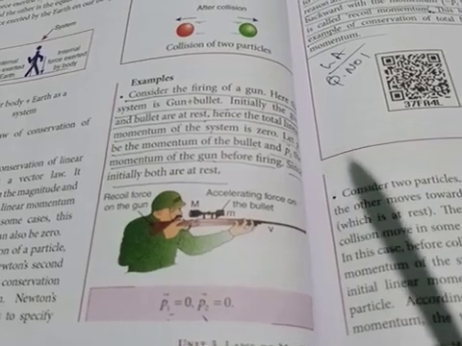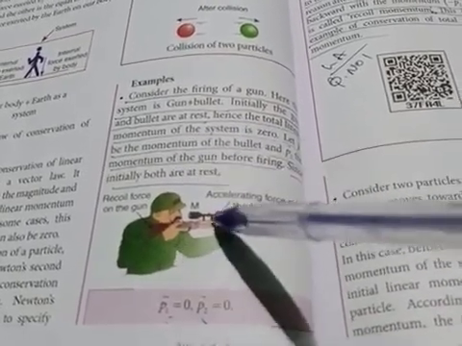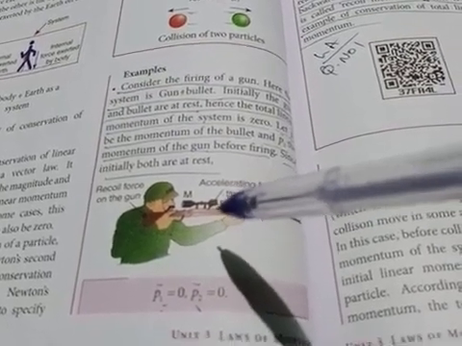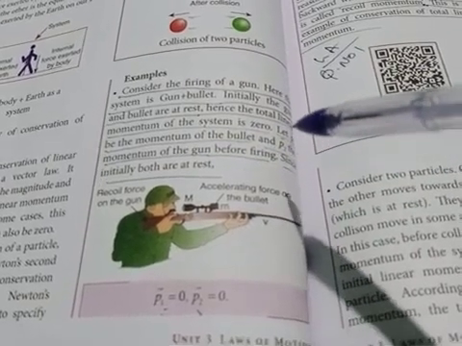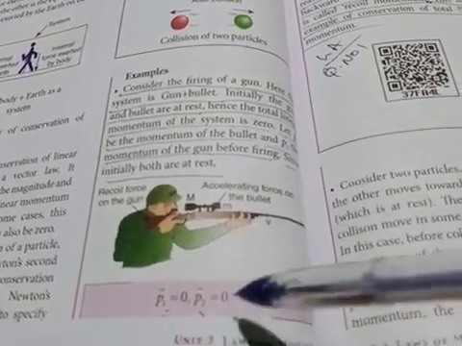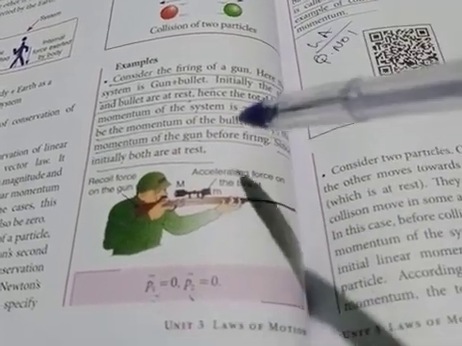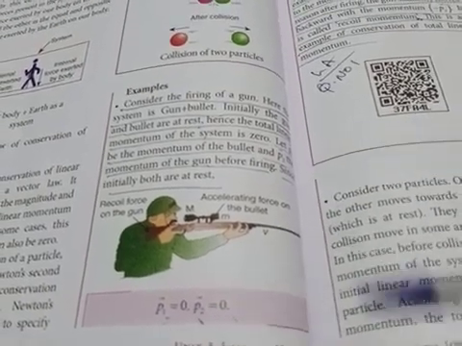First both are at rest. Gun is at rest, bullet also at rest. When both are at rest, the total linear momentum is 0, so P1 is also 0, P2 is also 0.